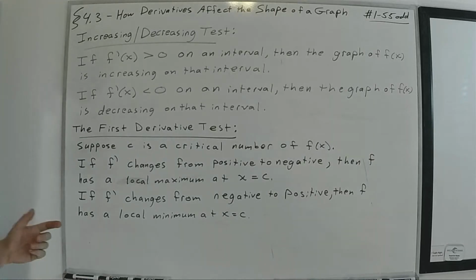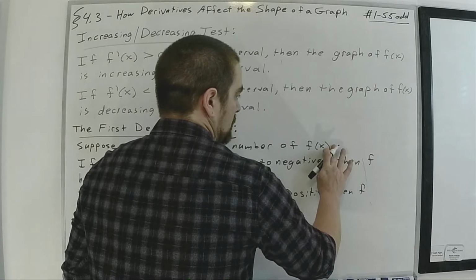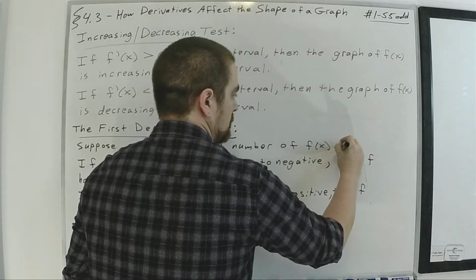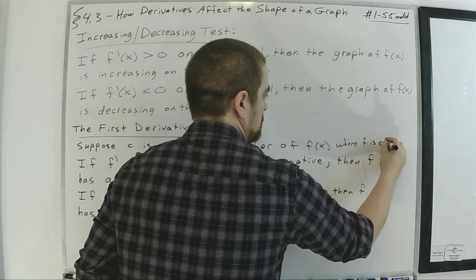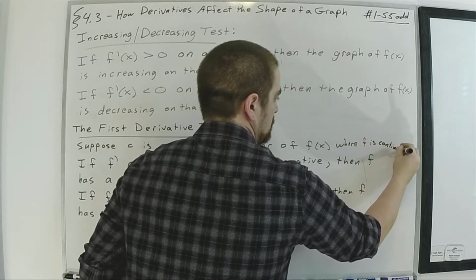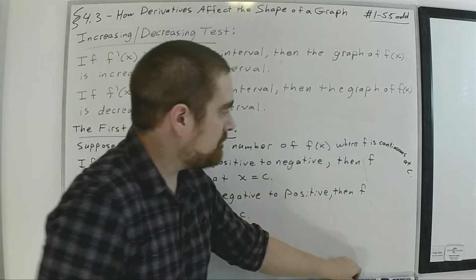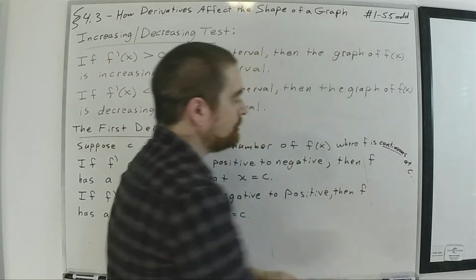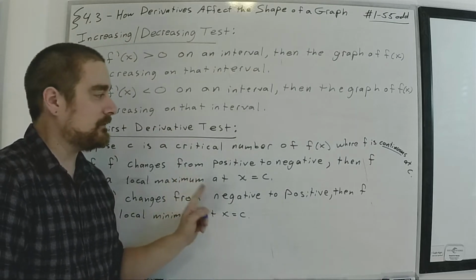There's one more thing that I really should squeeze in here. Suppose c is a critical number of f of x, where f is continuous at c. Maybe just to make this little extra stipulation, because the other thing that could happen is the derivative might not be defined there.